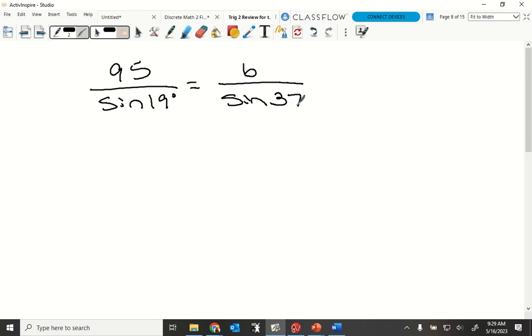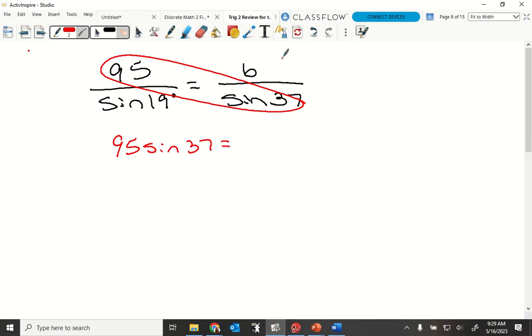Go through, do your cross products. Now, a lot of people, as I look at their work, screw this up. Show me all your steps. We did some skipping of steps, and now that's all you do, and you screw it up. So stop that. 95 sine 37 is equal to, multiplying this way, b times sine of 19.